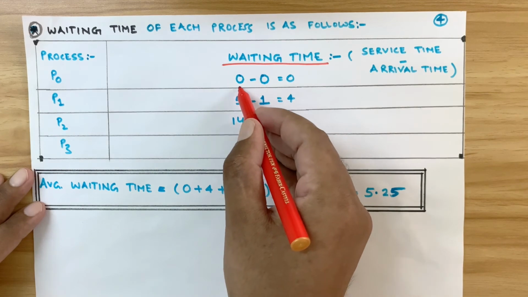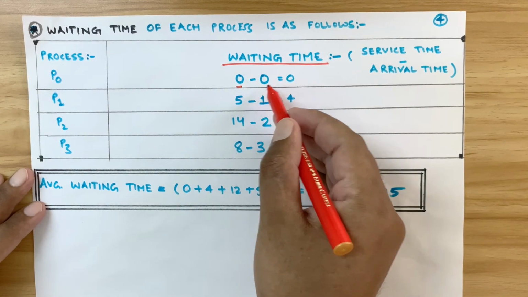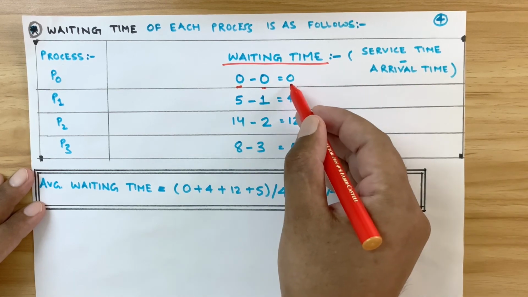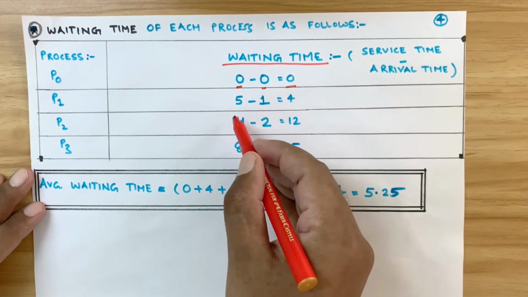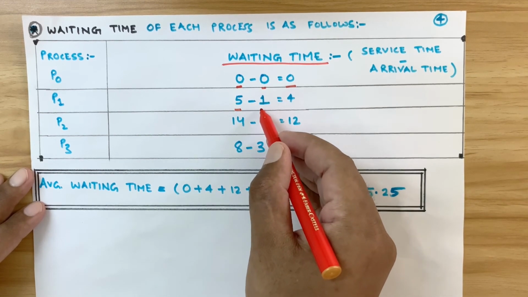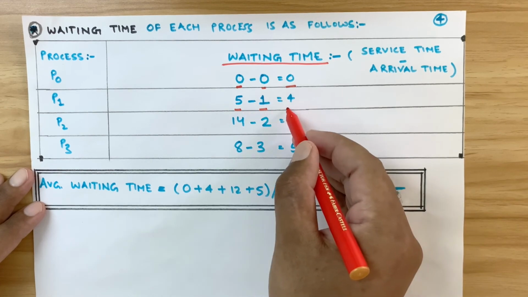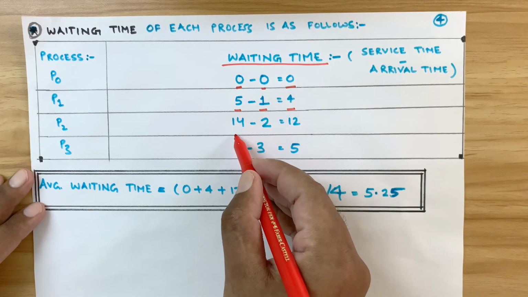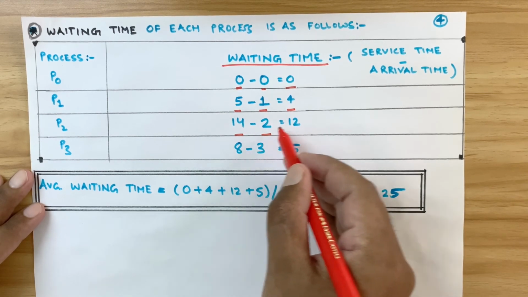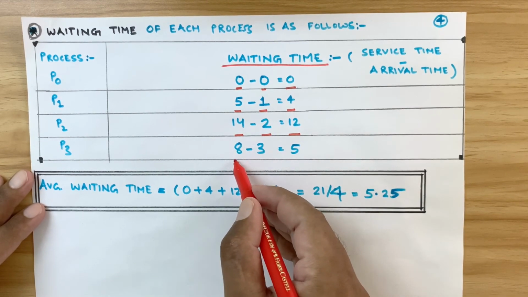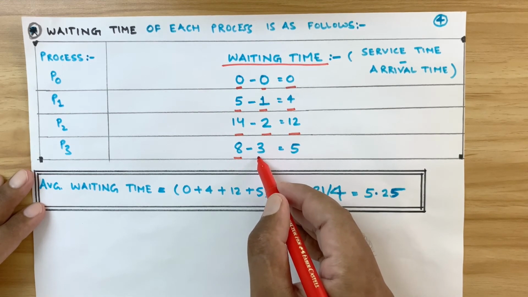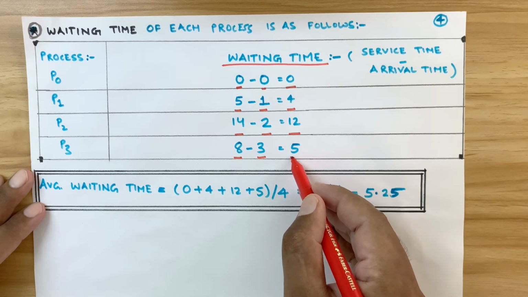So the first one arrives at 0th second and is provided service at the 0th second, so its waiting time is 0 seconds. The second one is provided service at 5th second but it arrived at 1st second, so it has to wait 4 seconds. The third one is provided service at 14th second but it arrived at 2nd second, so its waiting time is 12 seconds. The fourth one is provided service at 8th second but it arrived at 3rd second, so its waiting time is 5 seconds.